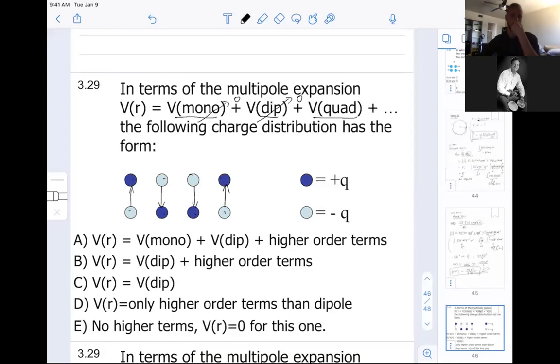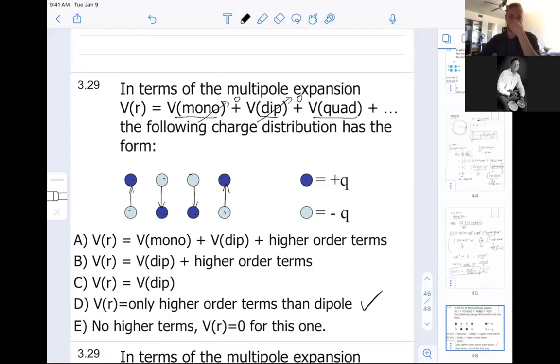Again, the dipole moment describes where the charges are located around the charge distribution. In this case, they're evenly located around the center. The dipole term goes away, so I'm only going to have the higher order terms, that is the quadrupole term, that will survive from far away. So D is the correct answer.